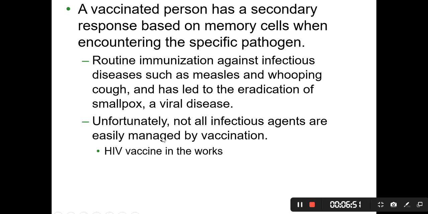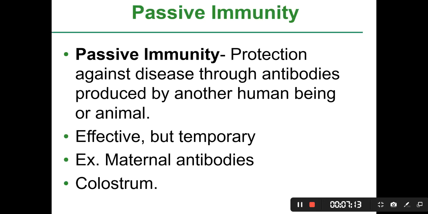The only unfortunate point is that not all can be managed, right? We know HIV infection is still there, no vaccine is developed against it, and it is considered a pandemic, which is going on around the world in a very large quantity than we can even measure. Okay. So that was about active immunity.